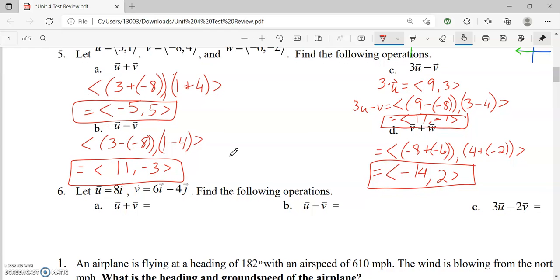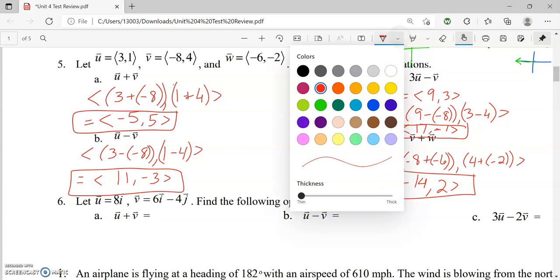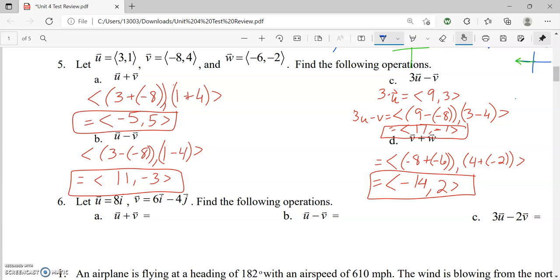6, you know what, I've got time, and this kind of ends the introductory stuff, adding, subtracting vectors in component form. So let's do 6 really quickly. I'm going to change that to a different color again and rewrite these. Vector u, I'm just going to turn u and v into component form. These are what we call standard form.